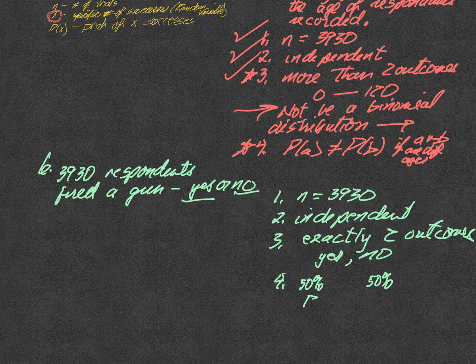So the probability of success is 50%, and the probability of failure is 50%. And so we could say that, yes, this is a binomial distribution.